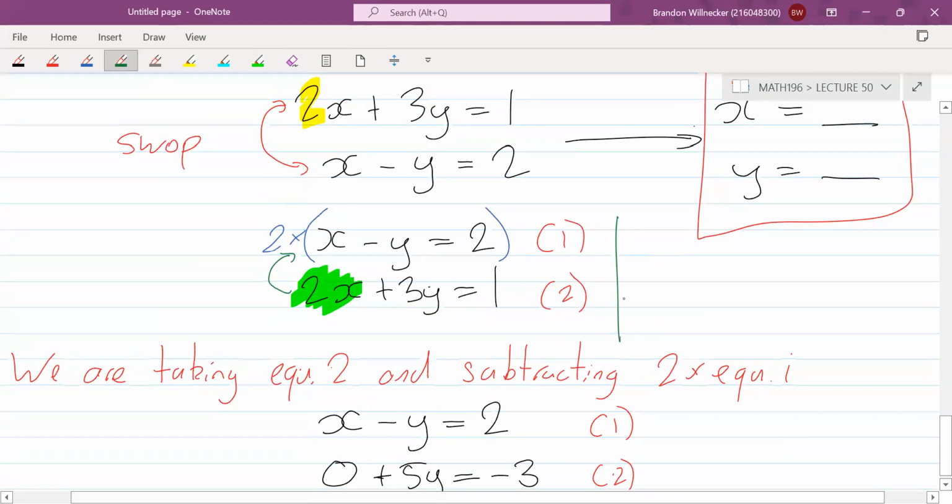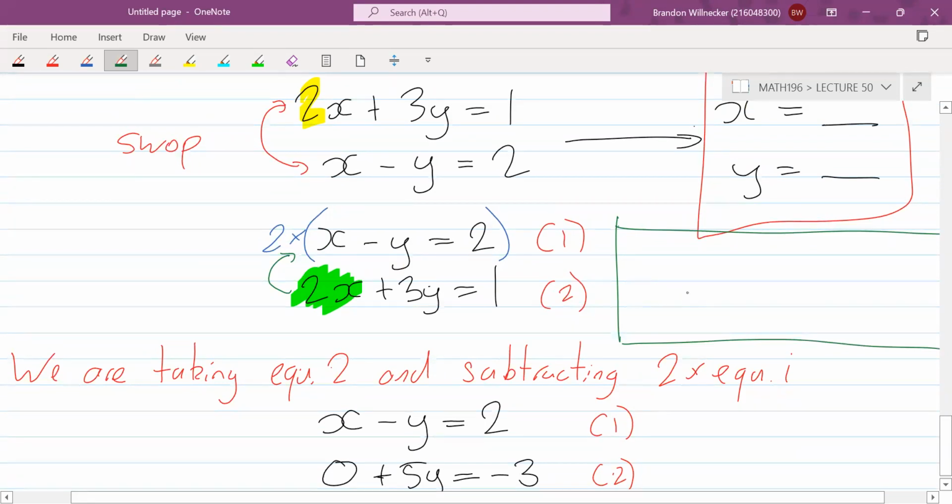So let's just write that on the side here. So it's going to be 2x, sorry, let's just write it above here. So it'll be 2x minus 2x from here. Then we're going to have 3y, this bit here, minus 2y.